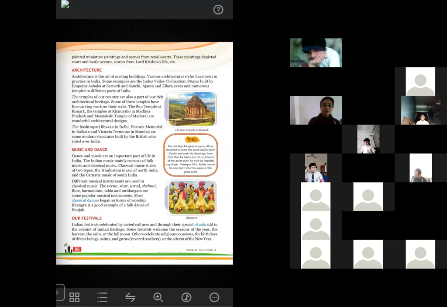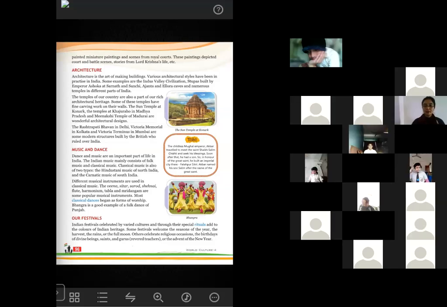Okay. So some festivals are celebrated in the summer season. Some festivals are particularly celebrated in the winter season. And in different parts of India, different types of celebrations, festivals and occasions are there. So we also celebrate different religious occasions, the birthdays of divine beings. Divine beings means the gods, the birthdays of gods.